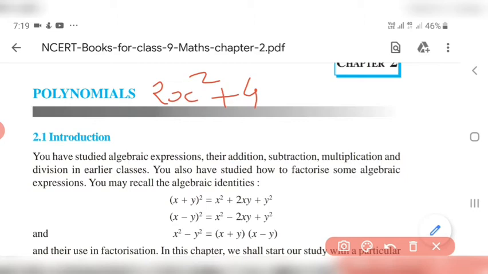To be a polynomial, the variable x that you have seen here, its exponent, the exponent is 2 written, correct? This is the exponent. It should be a whole number. The exponent of the variable should be a whole number. Then only the term or expression is known as a polynomial. Is it okay?